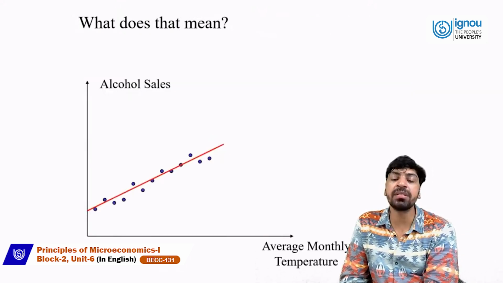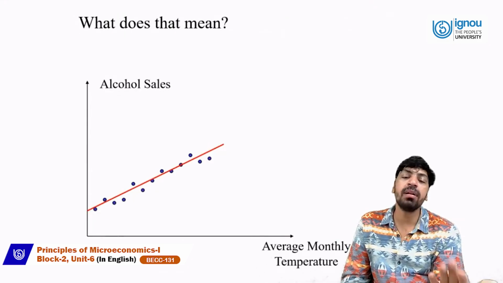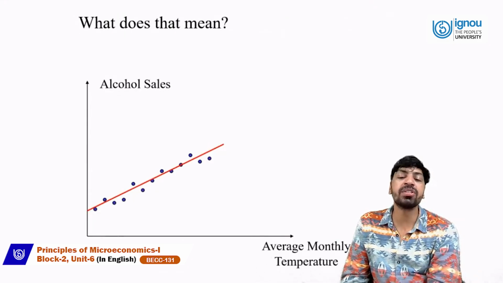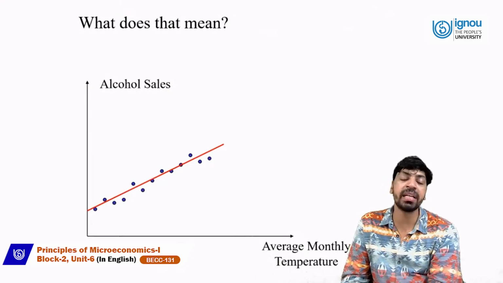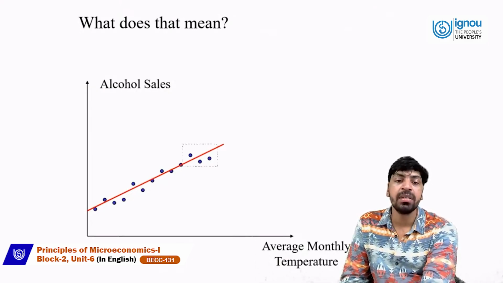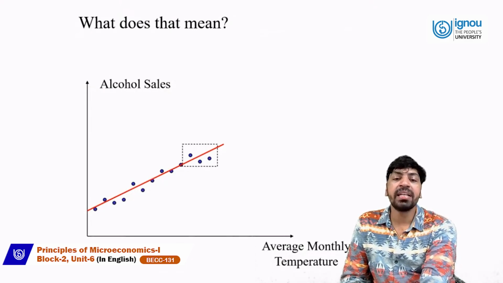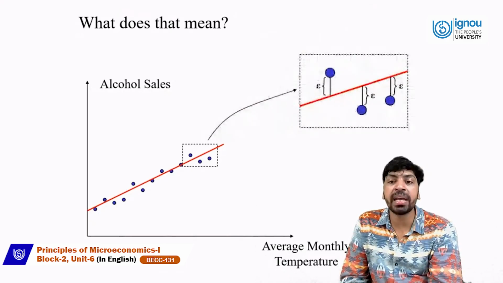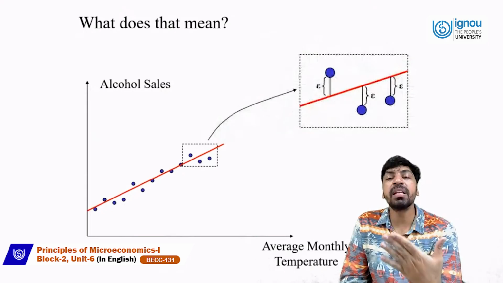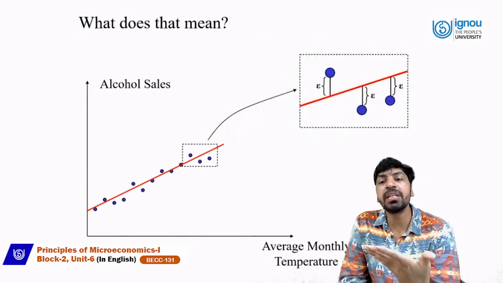What does it mean? Obviously the alcohol sales and average monthly temperature are measured on the x and y axis. The red line is automatically full of errors. See how it has been portrayed here. Why has the least square method been used?